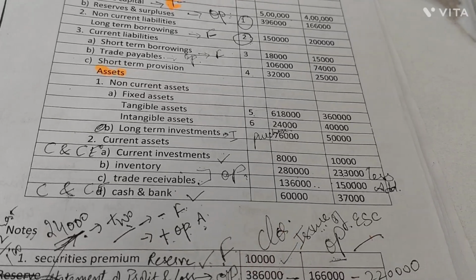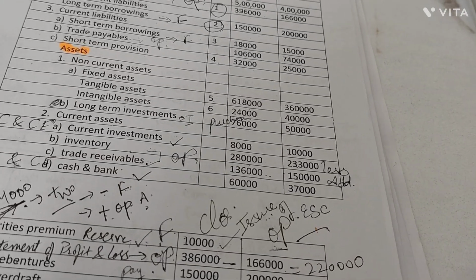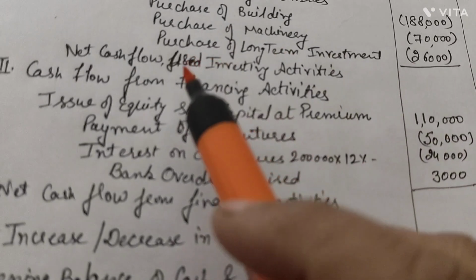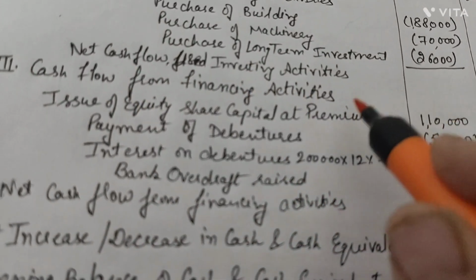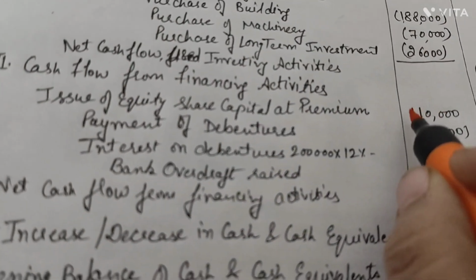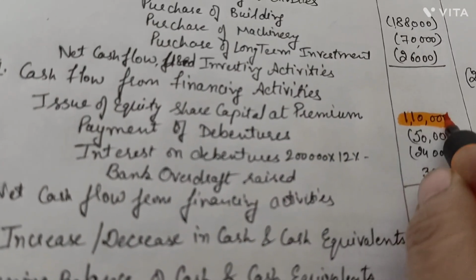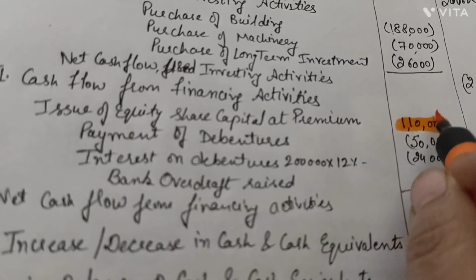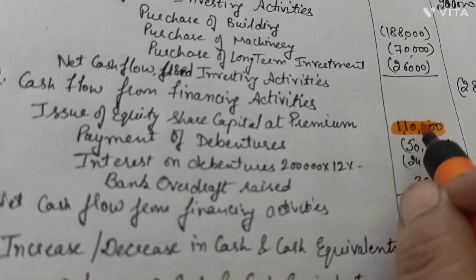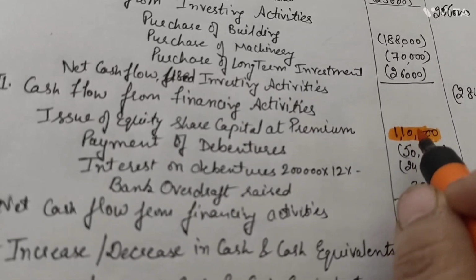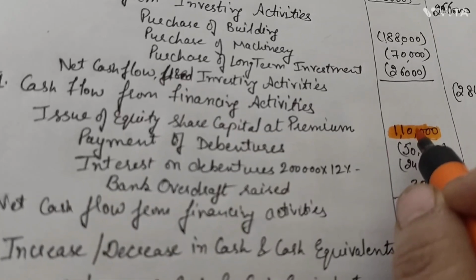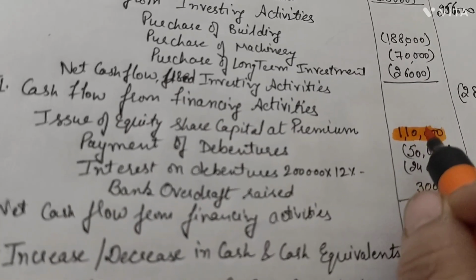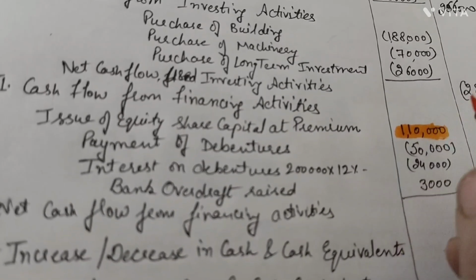So under the head financing activity, let's go to our financing activities. Issue of equity share capital at premium is rupees 1,10,000. 1 lakh is for your equity share capital and 10,000 is the amount of security premium. How much total have we received? 1,10,000. So it is with the plus balance, right?